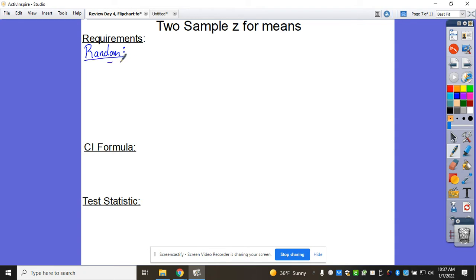So let's shorthand it. I'm very clearly stating that I have to do it for both group 1 and group 2, and I'm taking random selection or assignment for each one of those.